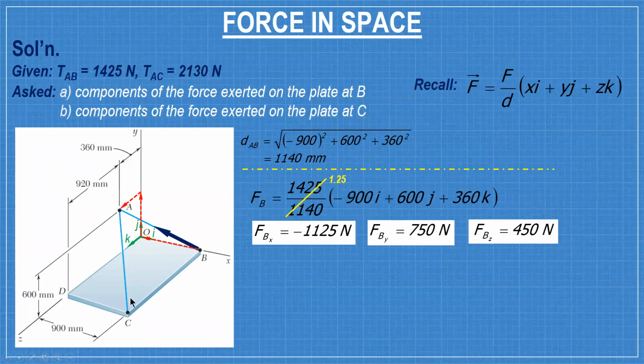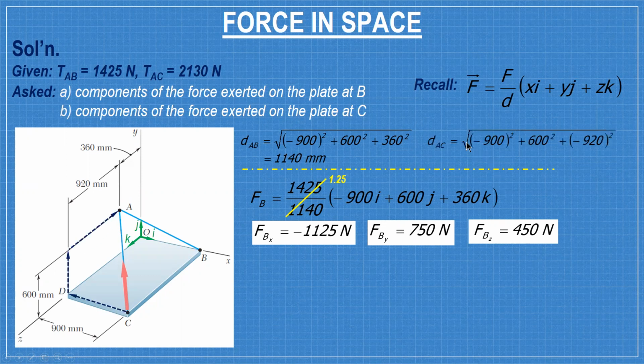And then next, for C, it's the same: go up, and then go to A. The distance is negative 900, positive 600, negative 920. And the same with this one, FC: the scalar value is 2130 over 1420.